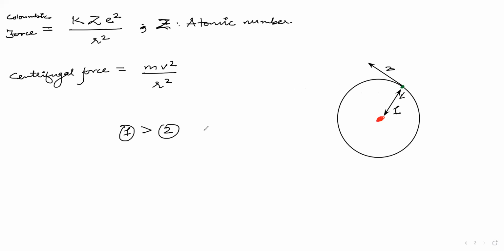Okay, what will happen if 2 is greater than 1? The force of attraction will be less, that means it will be getting away from the nucleus, right? Okay, that means centrifugal force is more now. So what will happen if 1 is equal to 2? Then it will be remaining in this particular orbit, the black orbit, correct?